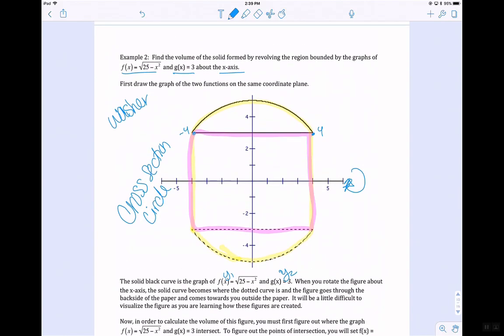If I'm rotating about a horizontal line, then I have x variables in the integrand and x values for the intersection points.